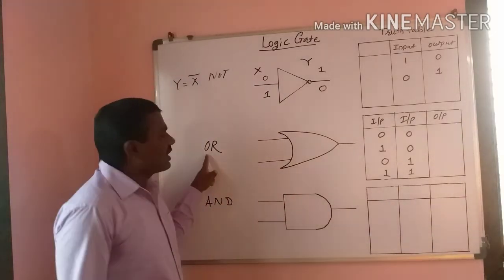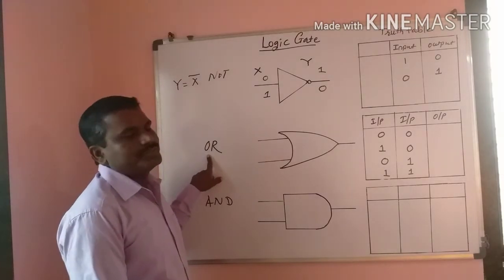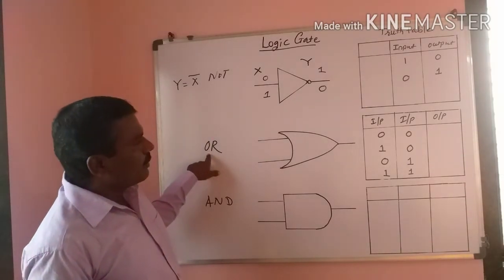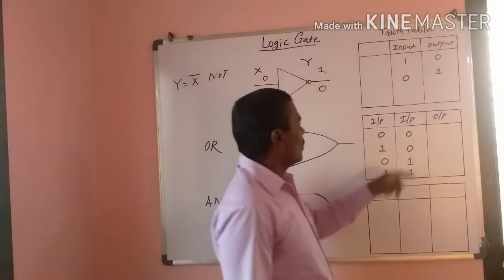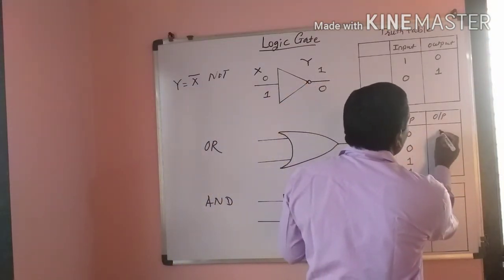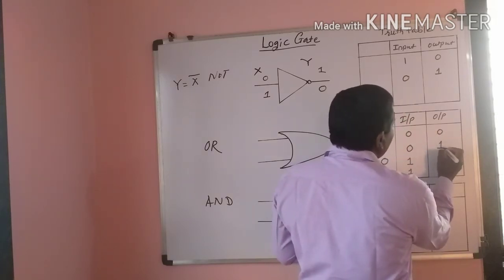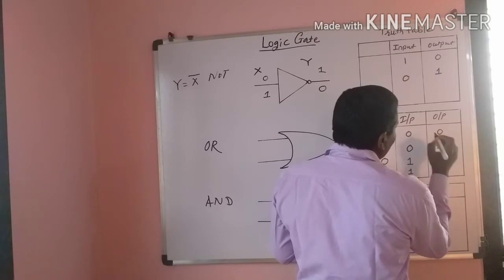The OR gate is just logical addition. When the inputs are 0 and 0, the output is 0. 1 plus 0, we get 1. 0 plus 1, we get 1.